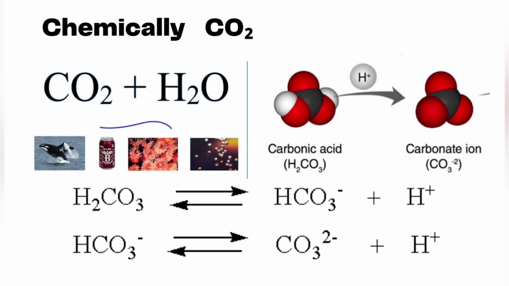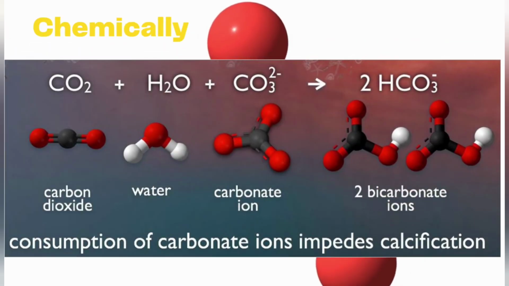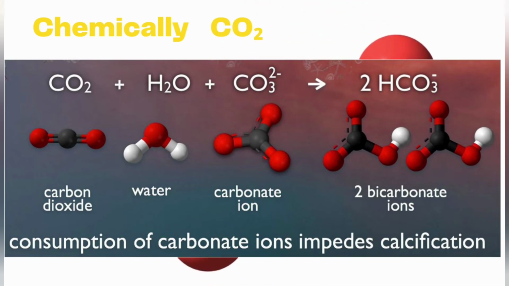Because it is a weak acid, the dissociation does not take place at once. It first dissociates to form the hydrogen carbonate ion, and then it dissociates completely to form the carbonate ion. In large water bodies, the carbonic acid dissociation is slightly different.